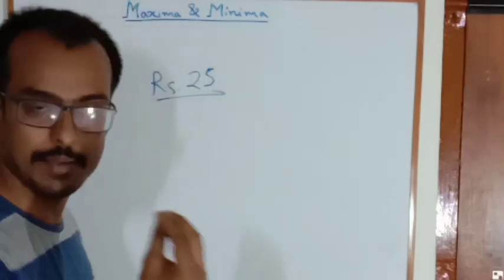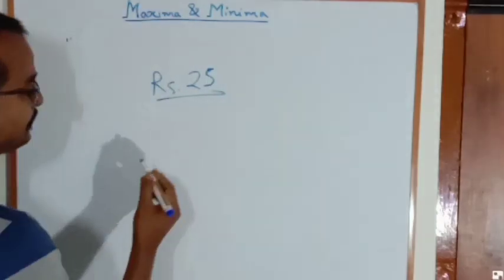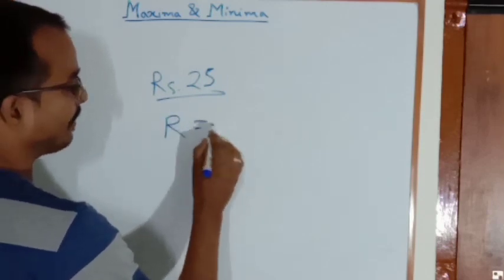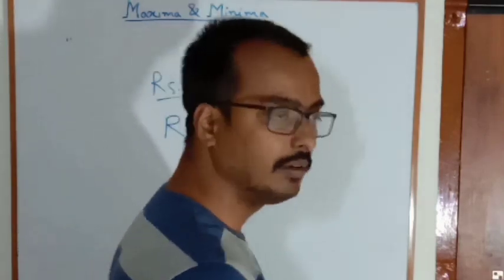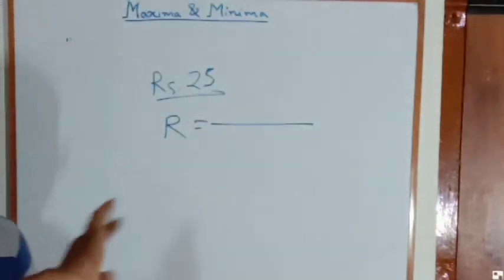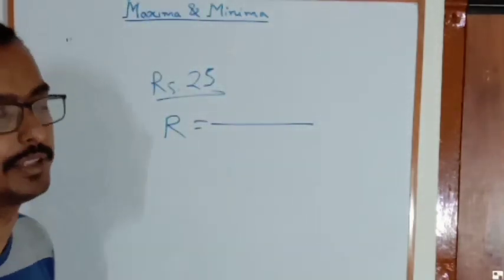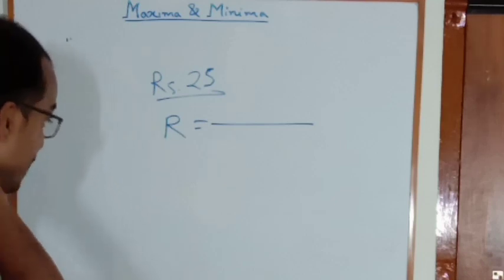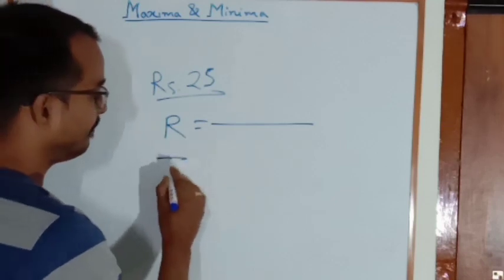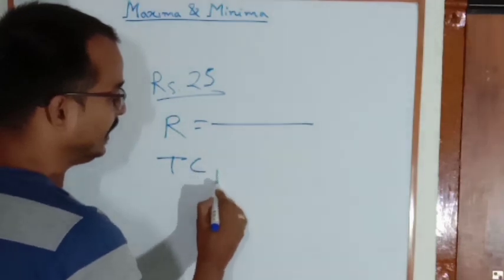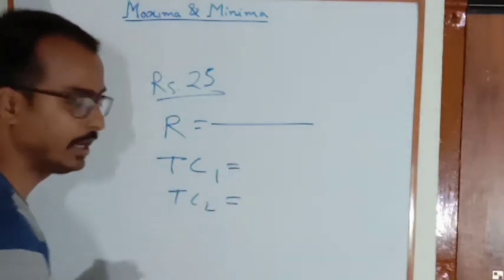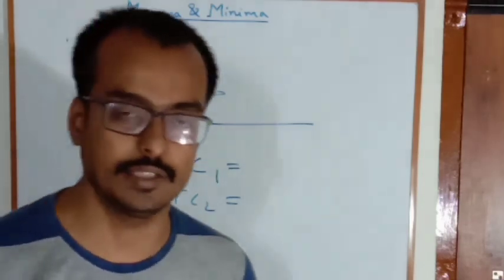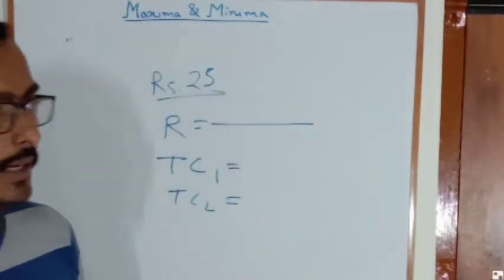But here the same product is sold, so the revenue function will be the same. A single revenue function. There may be Q1, Q2, whatever, that is a different thing, but a single revenue function will be there. But there will be TC1, TC2, and it can be TC3 if there are 3 plants.